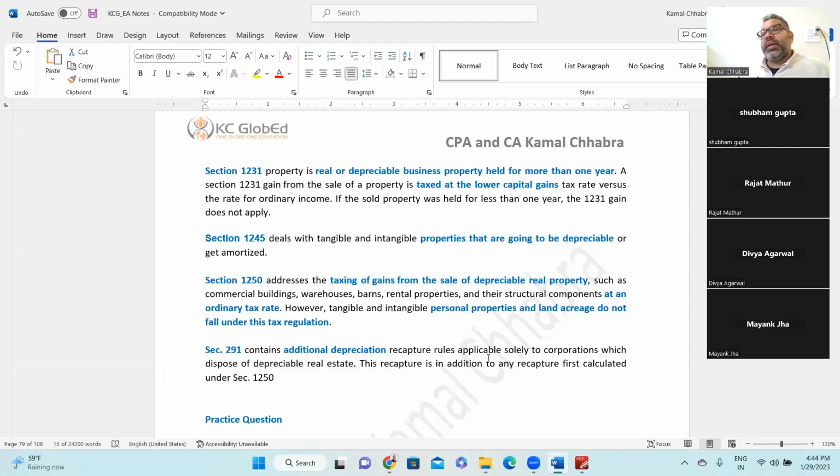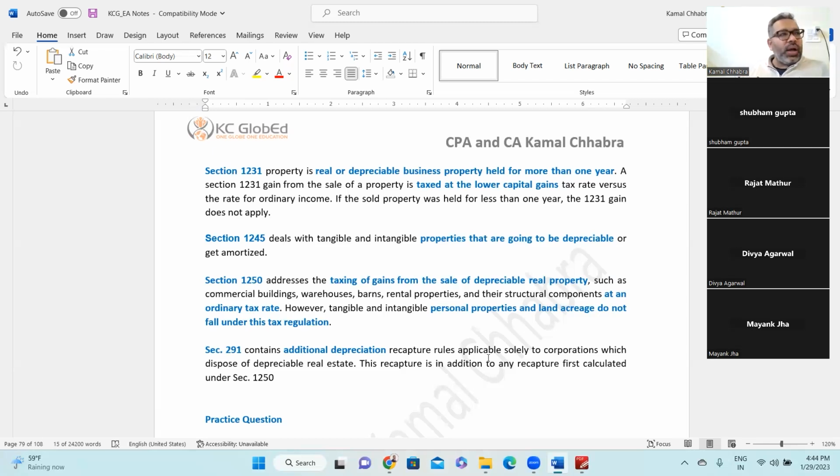So which property is section 1231 property? Property held for more than 1 year, either depreciable business property or real property, used for the business purpose. If it is your office land and building, then it comes under 1231.